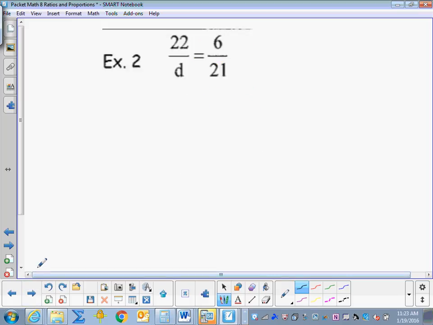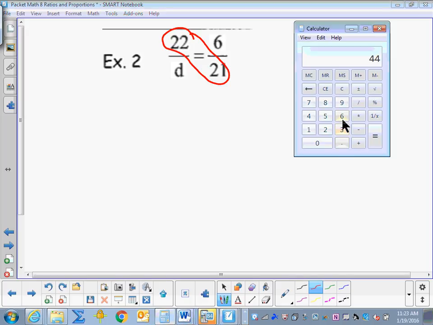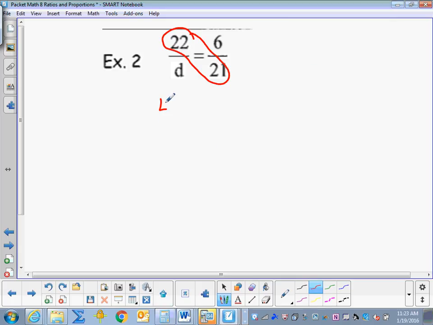Example 2, 22 divided by D is equal to 6 over 21. So we're going to cross multiply. 22 times 21 is 462.